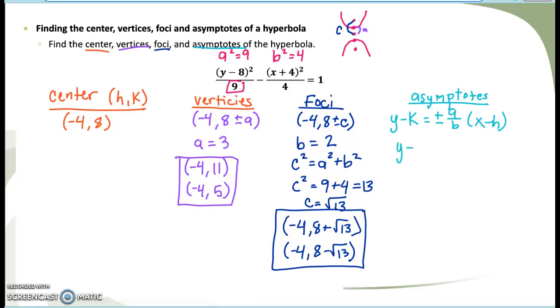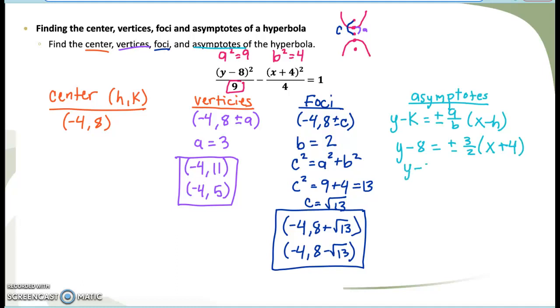So we can just plug in our values here. k is 8, so y minus 8 equals a positive or a negative a over b, so 3 over 2, times x minus h, which is a negative 4, so we're going to do x minus negative 4, which is x plus 4. Now let's do some simplifying.